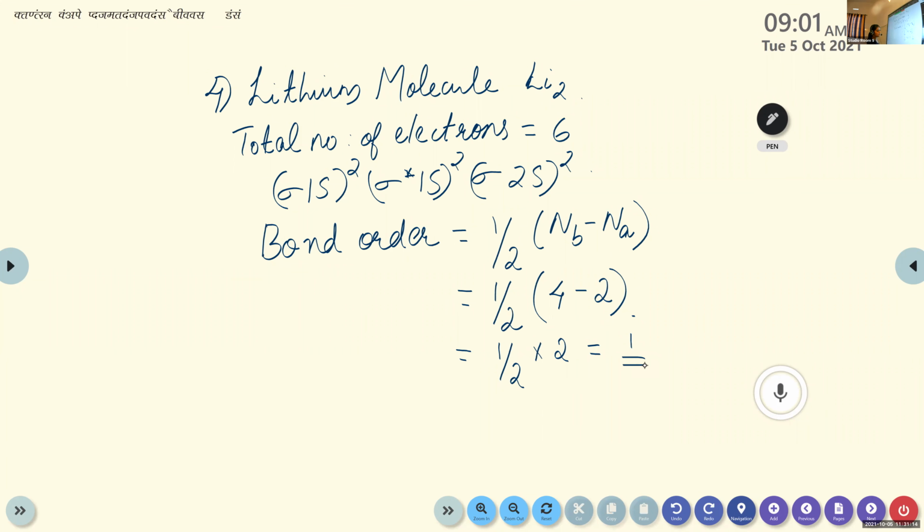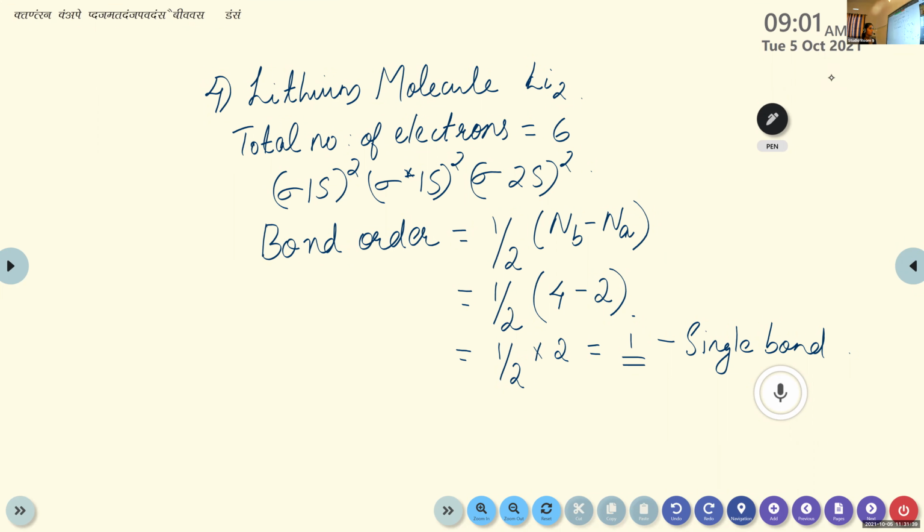So what about the type of bond that exists between 2 lithium atoms? Single bond, double bond, or triple bond? Single bond.